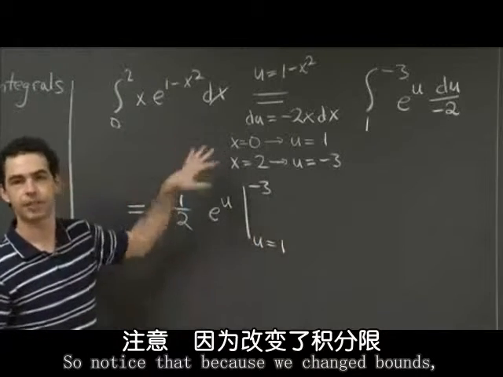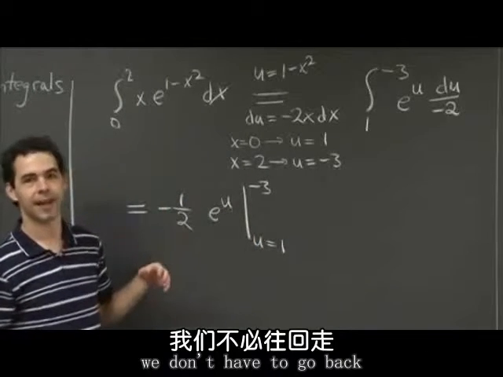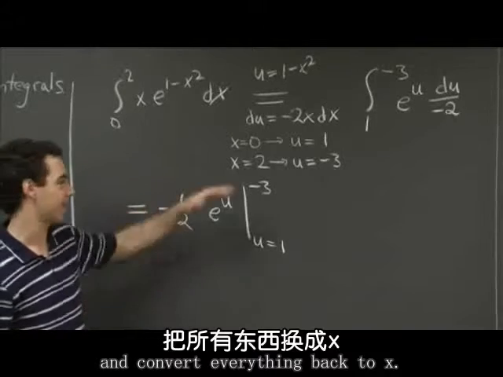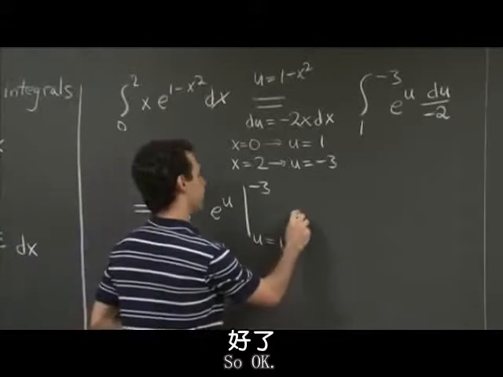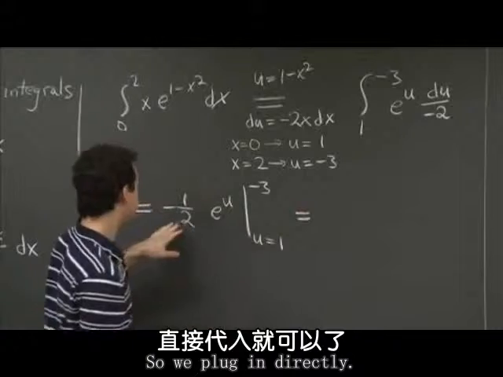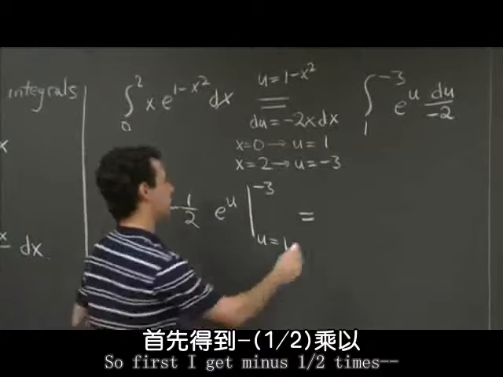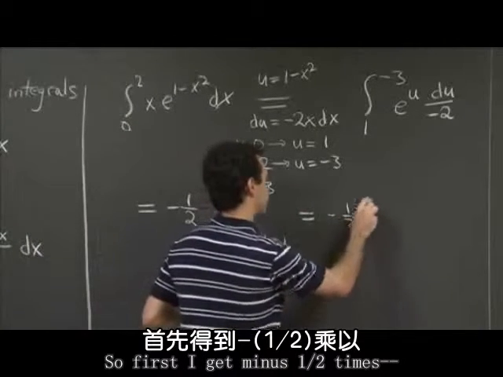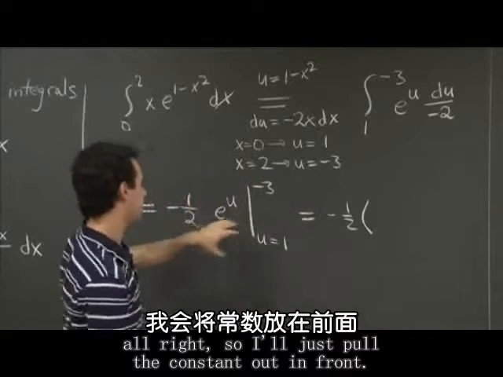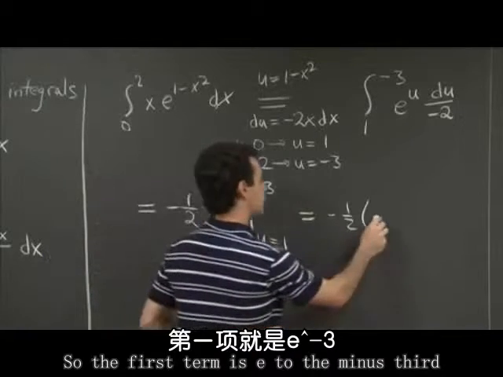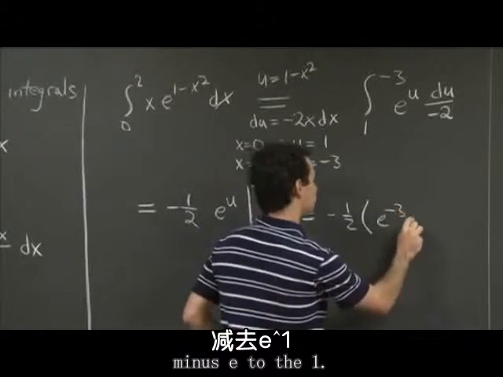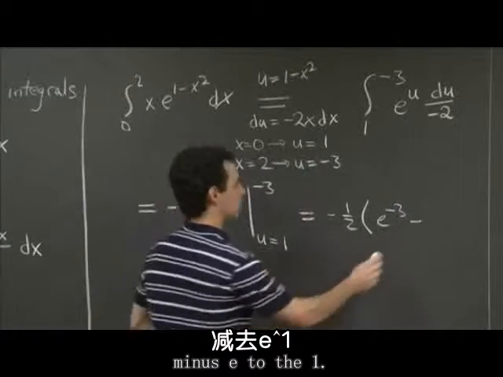Notice that because we changed bounds, we don't have to go back and convert everything back to x. We can just plug in directly. So I'll pull the constant out in front, and the first term is e to the minus 3rd minus e to the 1.